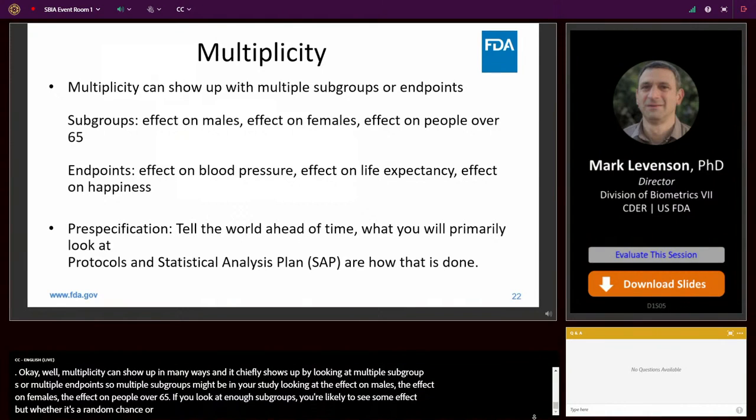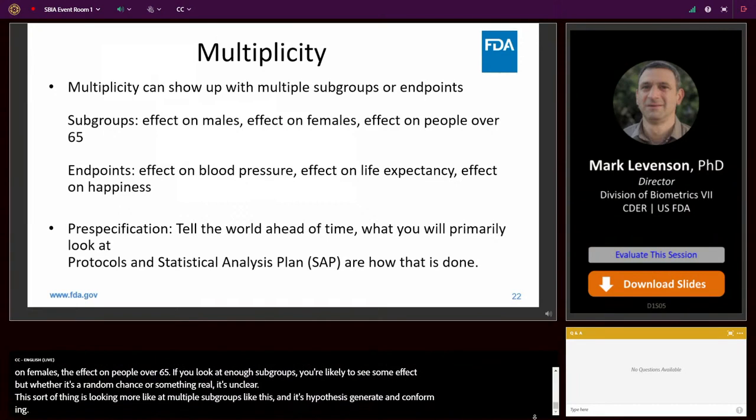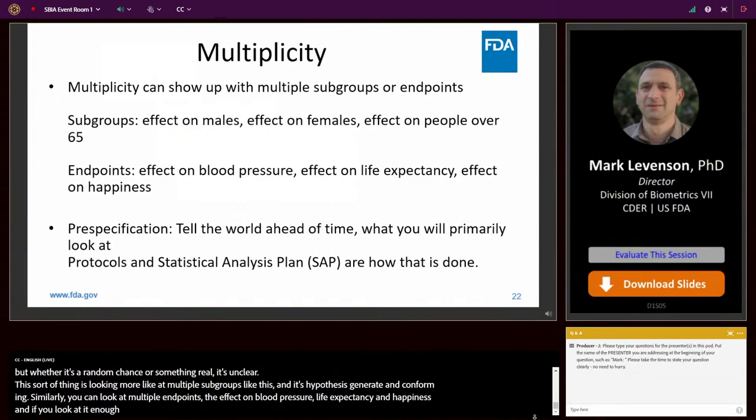So looking at multiple subgroups like this is often hypothesis generating and not confirmatory. Similarly, you can look at multiple endpoints: the effect on blood pressure, the effect on life expectancy, the effect on happiness. Again, if you look at enough, you're bound to find something, and you don't know whether that's random chance or something real. So again, it's more hypothesis generating than anything confirmatory.